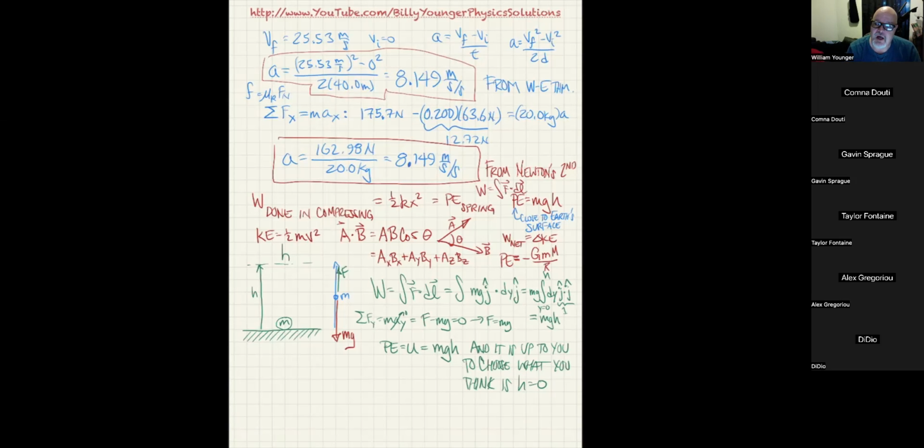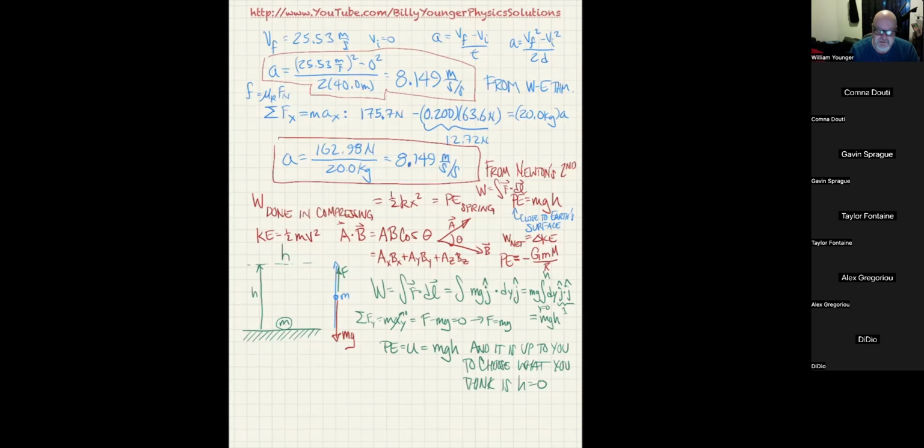And then when you get closer, you have to have it smaller than zero. Its magnitude's got to be negative so that you can get closer to it. That's sort of the way of looking at it.